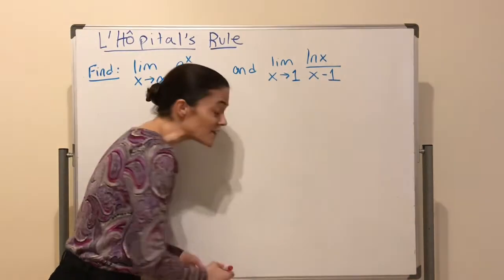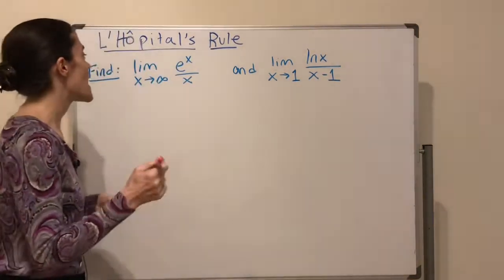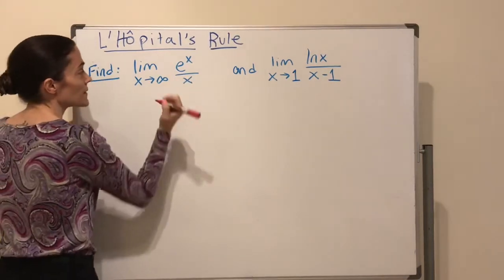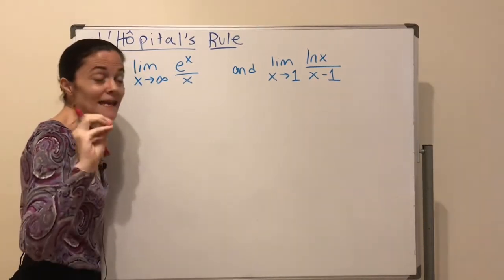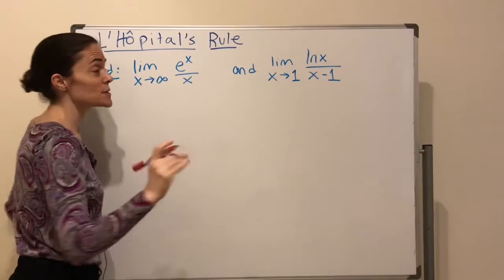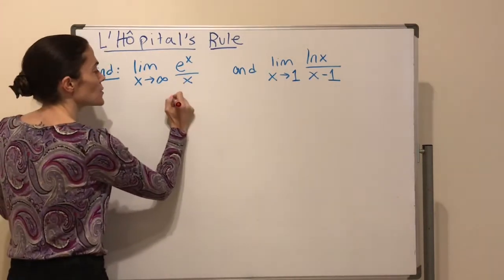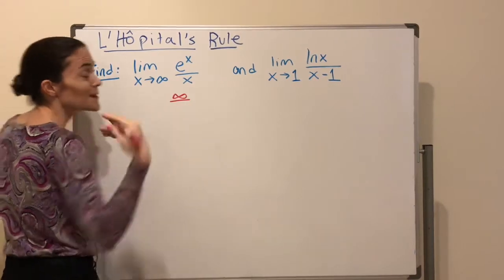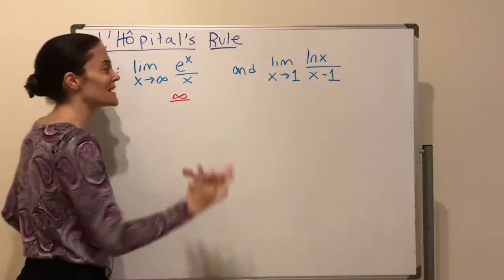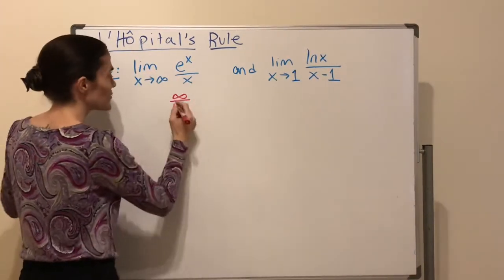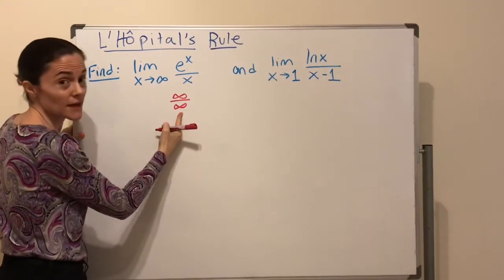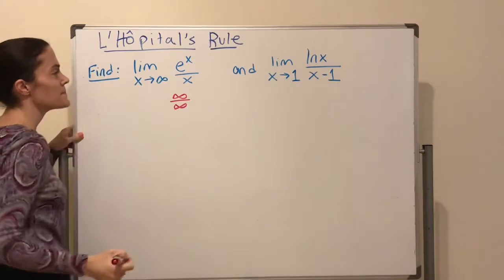Well, if we just think about what's happening: e to the x, as x approaches infinity, goes to infinity, and similarly x itself is going to infinity. So here we get this infinity over infinity, okay?